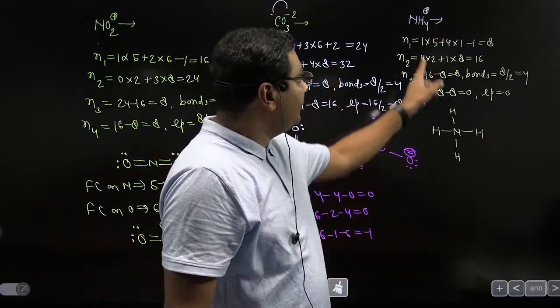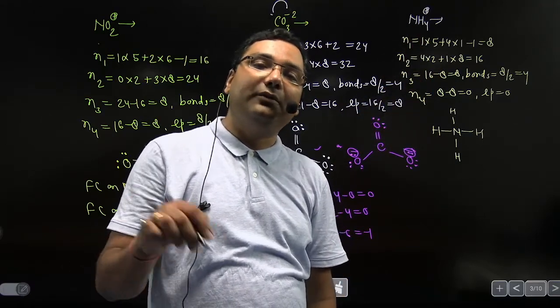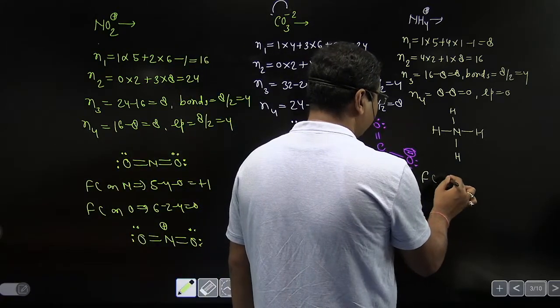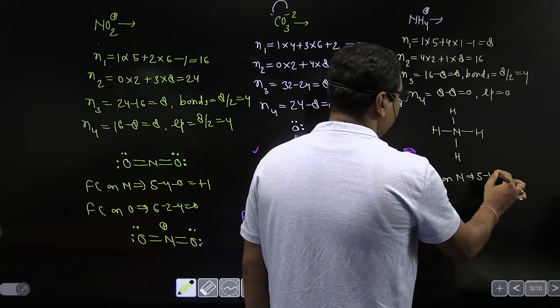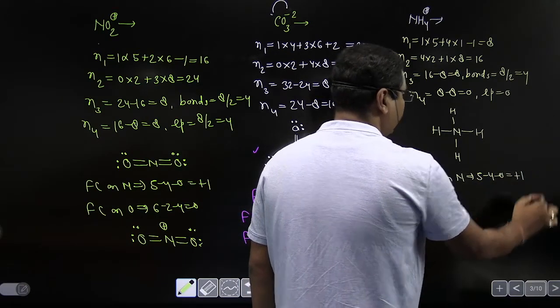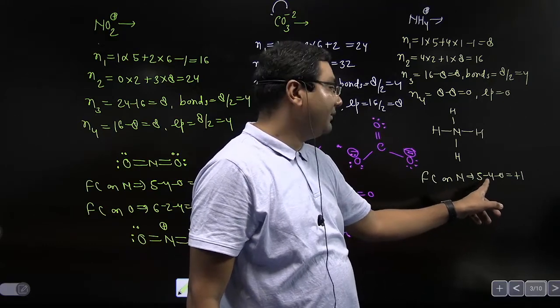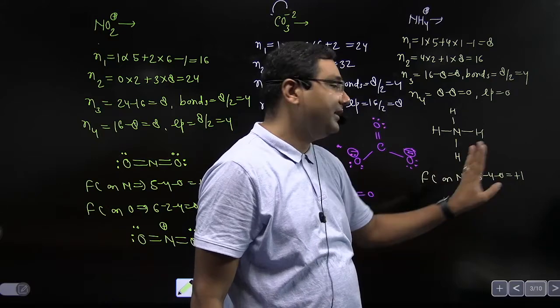But this is NH4 and we have to find the structure of NH4 plus. So now we have to calculate the formal charge on each atom. The formal charge on nitrogen: 5 minus 4 minus 0 equals plus 1. That is, the number of valence electrons of nitrogen minus the number of bonds associated with nitrogen, 4 bonds, unshared electrons 0.